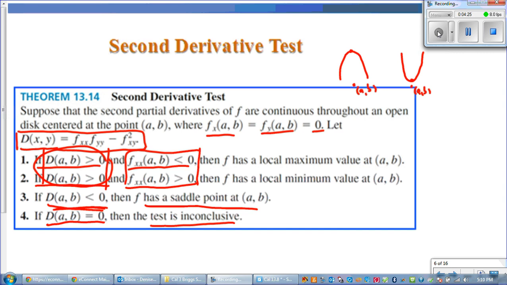It's either all going up or all going down. So that's why we know that we have a local maximum or minimum. The discriminant being positive means the same behavior everywhere, and then we look at the second partial with respect to x to determine the maximum or minimum. So this is your test, and we'll use this to classify the critical points when we find them.